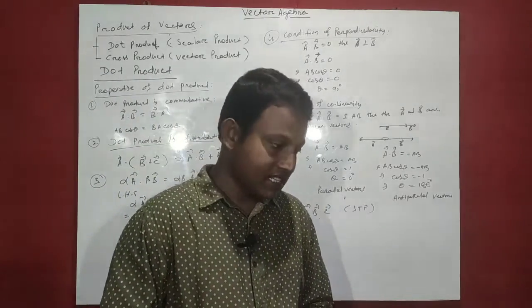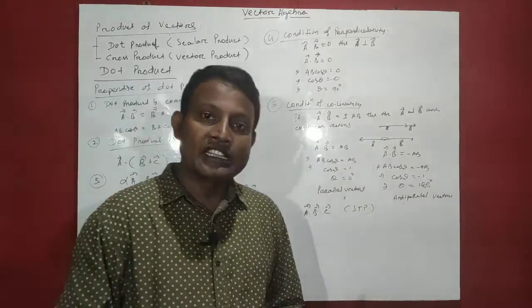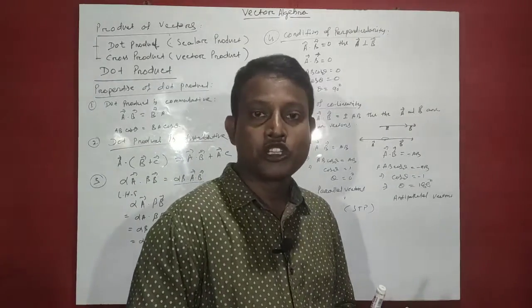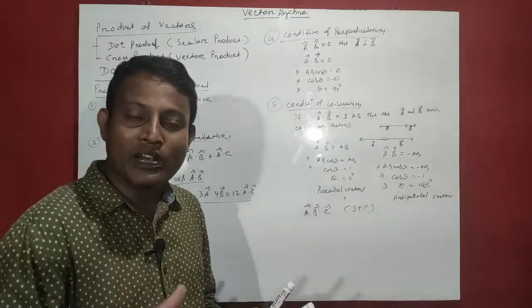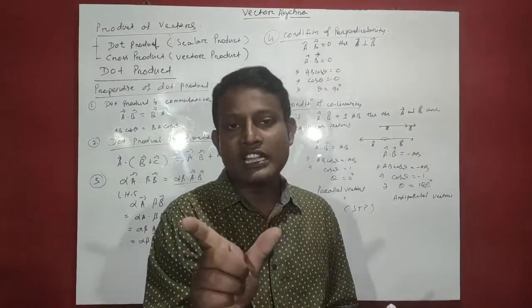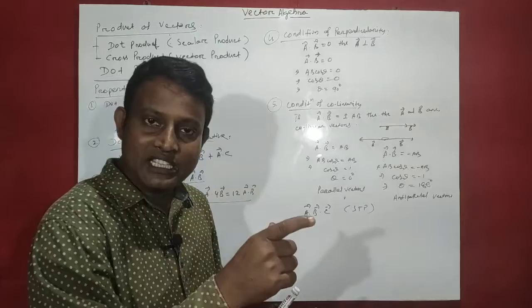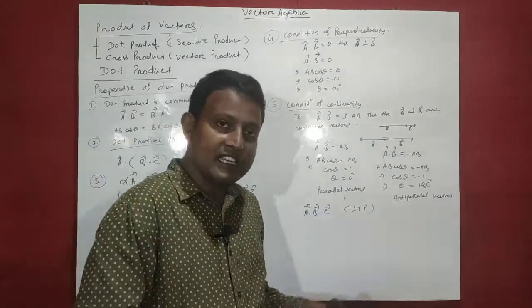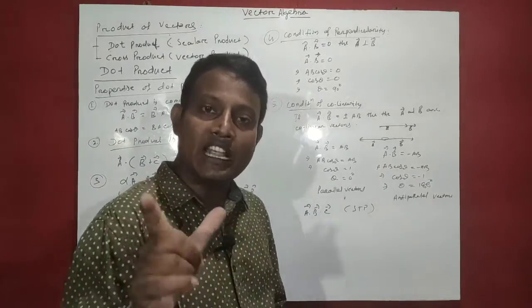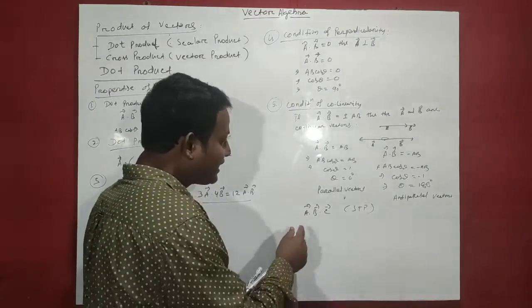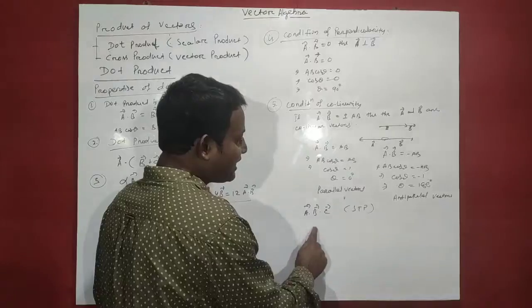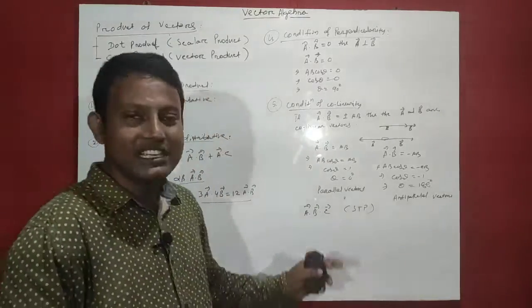What is a parallelepiped? The 3D structure of a parallelogram. A parallelogram is a 2D structure with only length and breadth, but a parallelepiped has a 3D structure with length, breadth and height. These are represented by the three vectors A, B and C.